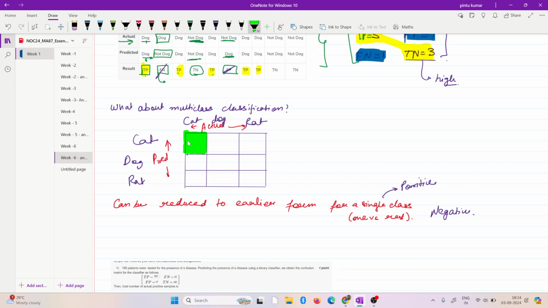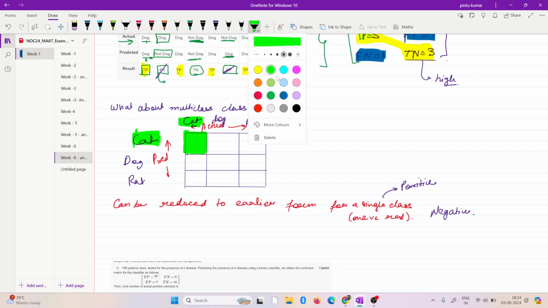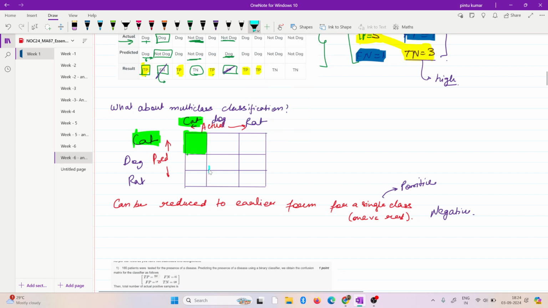So what would this entry correspond to? This is the number of data points which were actually cat and were also classified as cat. Okay, this is what this entry would mean. I'll give you one more random entry. Let's say this entry means that the data point is actually a dog, but it has been wrongly classified as rat.